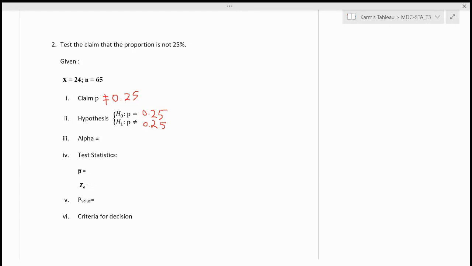Is it a one tail or a two tail? So that's going to be a two tail. Thank you.